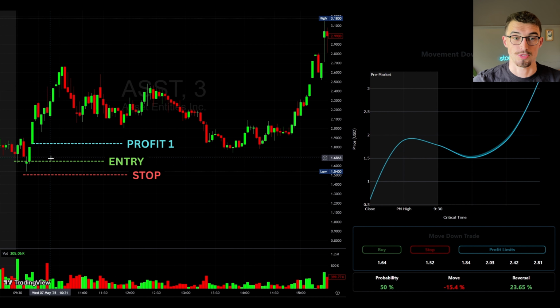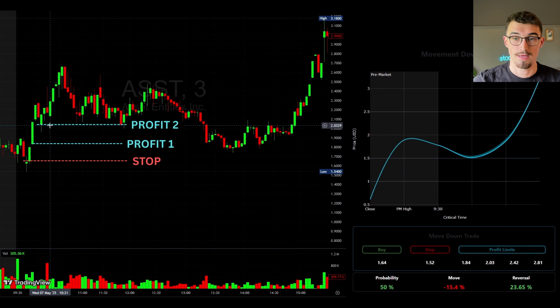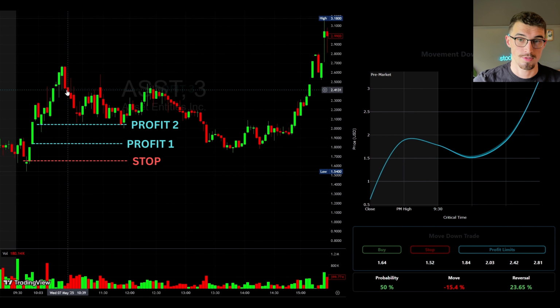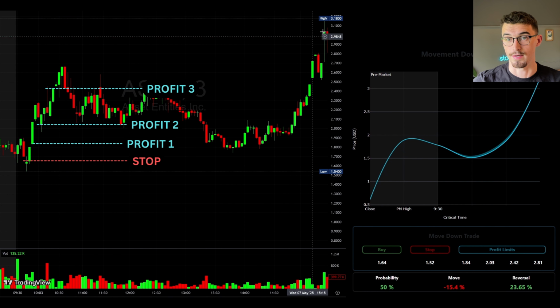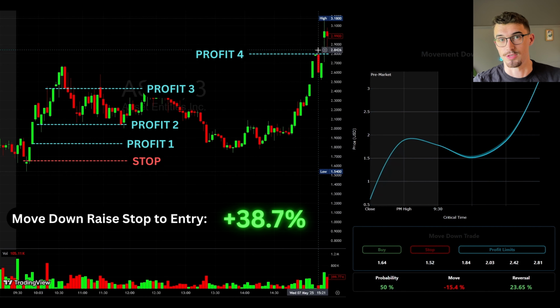That's when you would raise your stop loss up to break even, so 164. And then it hits profit 2, 203. And then it hits 242, profit 3, and then 281. It did not end up hitting until the end of day, 321. So it hits all four profit prices, giving you a 39% return.